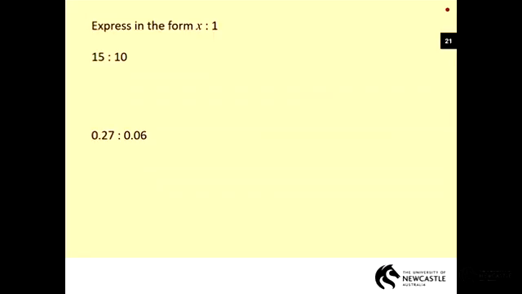Okay, expressed in the form x to 1. Just note that it's the right-hand side this time being forced to be a 1. All right, I'm just going to divide by 10. So I've decided the right becomes 1. 15 divided by 10 is 1.5. Similarly, if you want the right-hand side to become 1, I'm going to divide by 0.06.